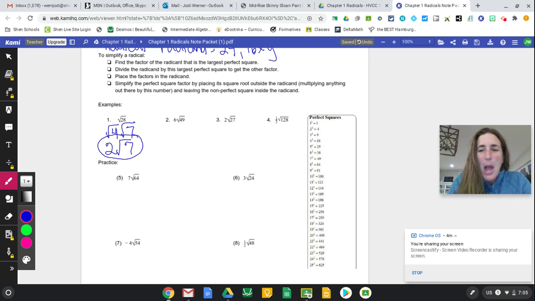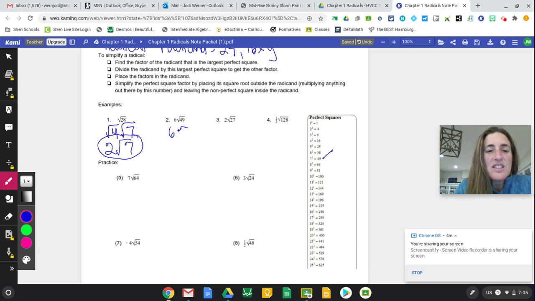Let's do it. Okay, so we have 6. Who put that 6 out there? I did. And then it says radical 49. Okay, so if we look on the side, jackpot, 49 is one of the numbers on the side. So that means this is really 6 times 7.